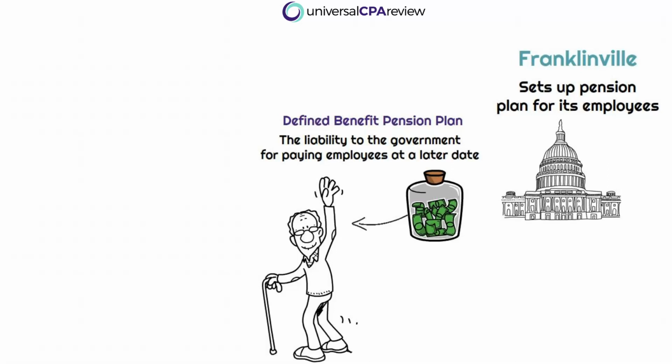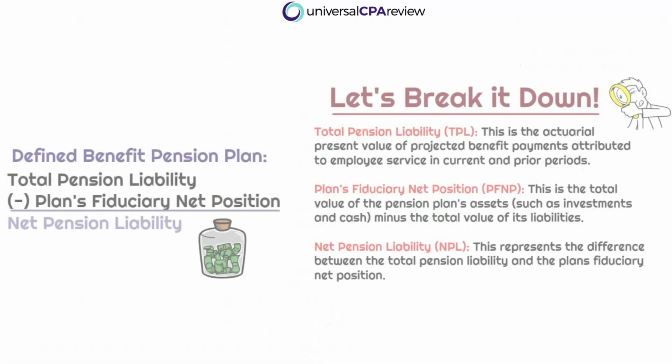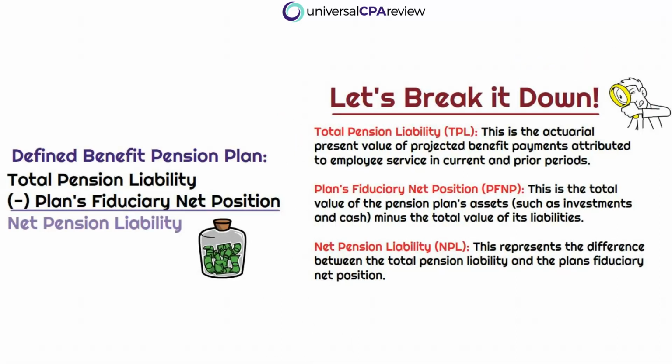So let's recall what a defined benefit pension plan is. Well, this is the liability that the government will have as they now owe employees for the distribution at a later date. So a net pension liability is going to be for a defined benefit pension plan, which represents the amount by which the total pension liability exceeds the assets, aka the money that is being invested, which is set aside in the pension fund to pay current and future pensions, also known as the pension plan's fiduciary net position.